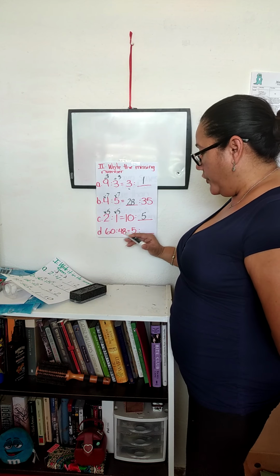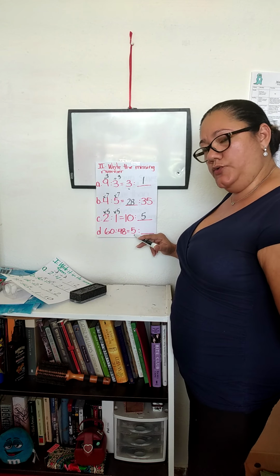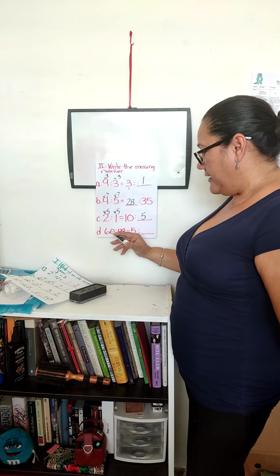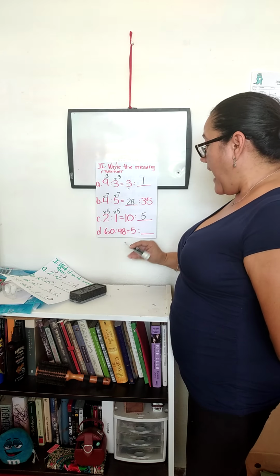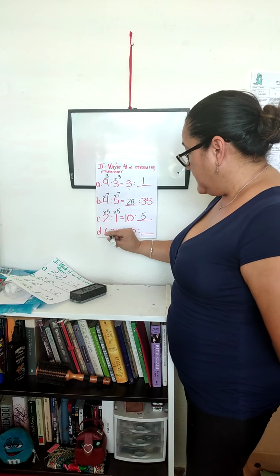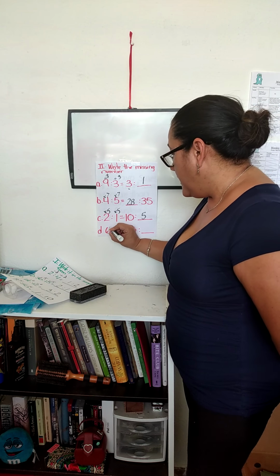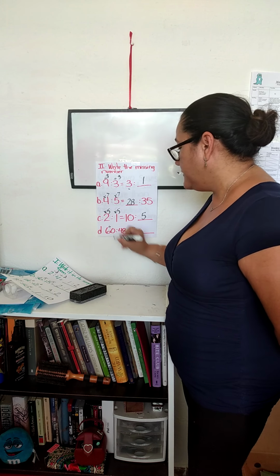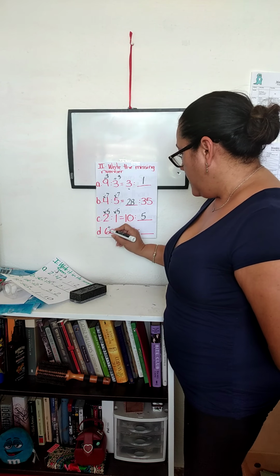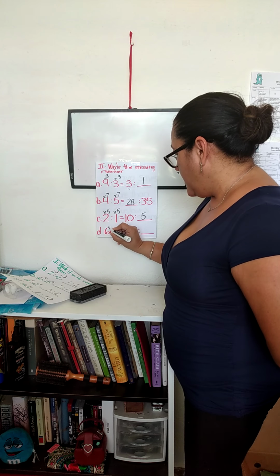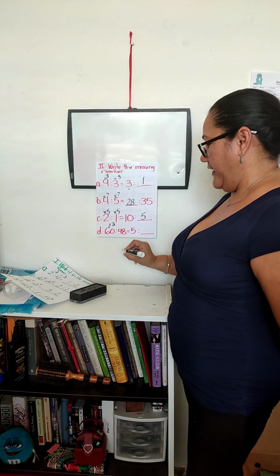Okay, the last one. 60 ratio 48, and I have 5. What did I do to that 60 to give me 5? Well, oh, easy. I divide by 12, right?